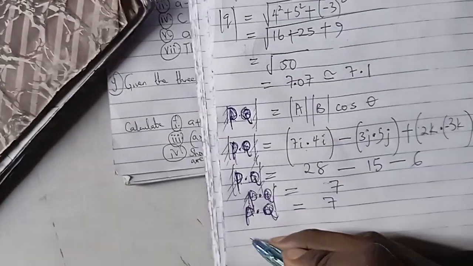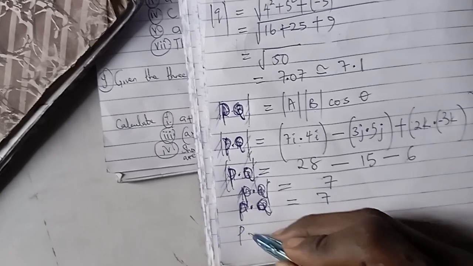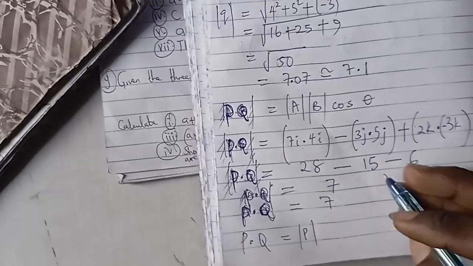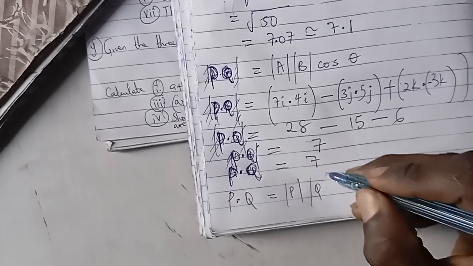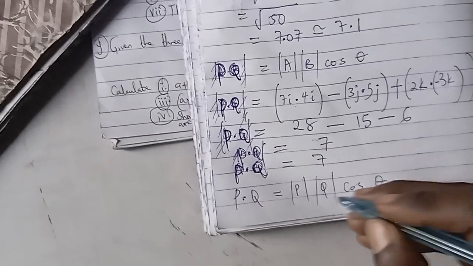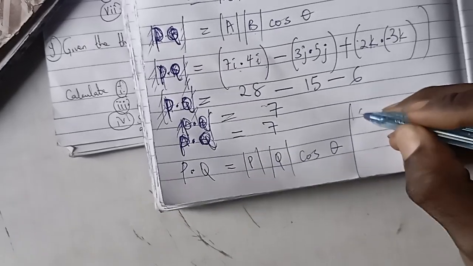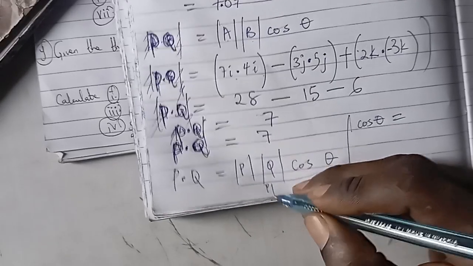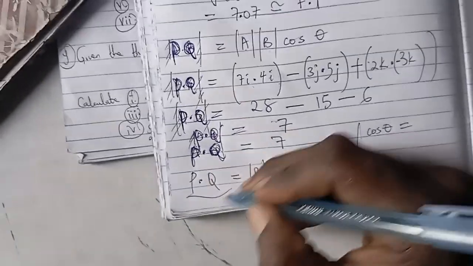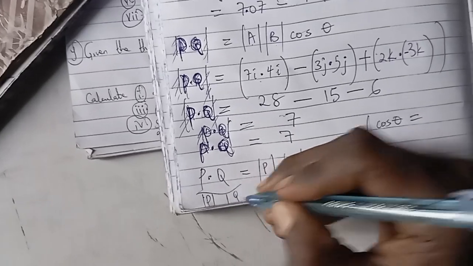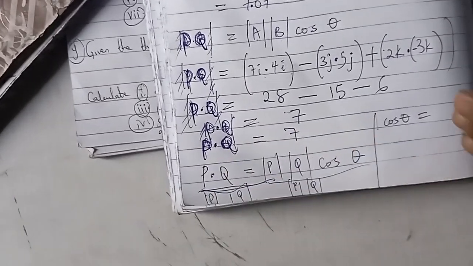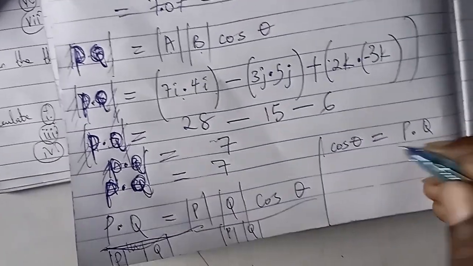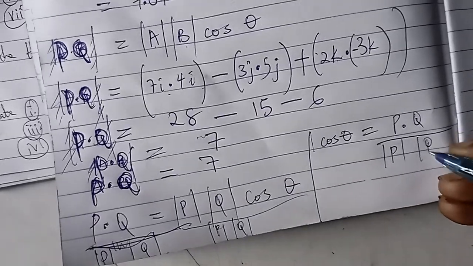So now I will do P dot Q. Since P dot Q equals P magnitude times Q magnitude times cos theta, to make cos theta the subject of the formula, we divide both sides by the coefficient of cos theta, which is magnitude of P times magnitude of Q. You now have P dot Q all over P magnitude Q magnitude.